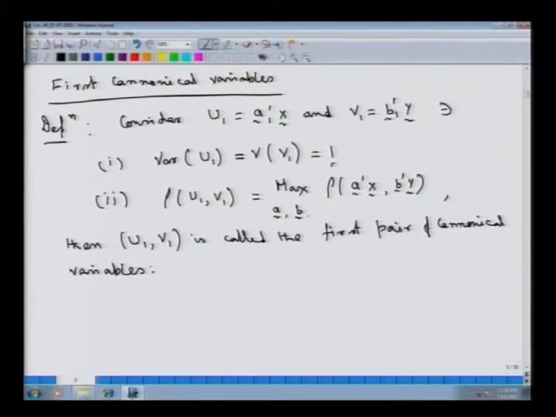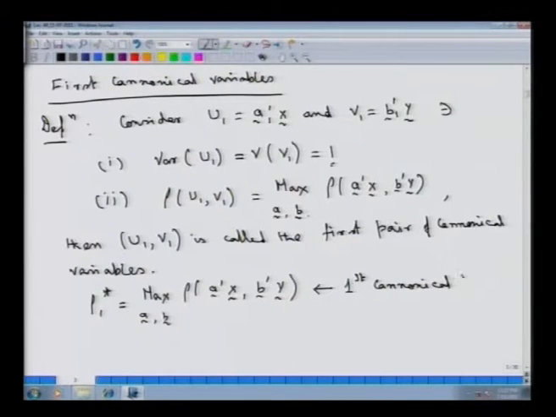Right, and this rho 1 star, which denotes the maximum over a and b of the correlation between the linear combinations a' x and b' y, is what is called the first canonical correlation coefficient.